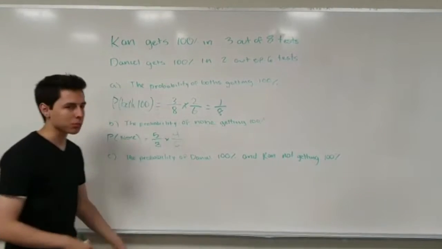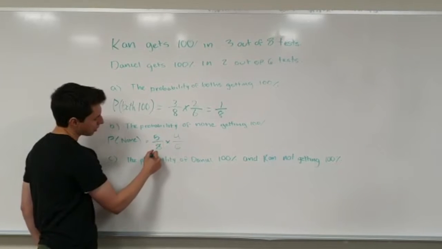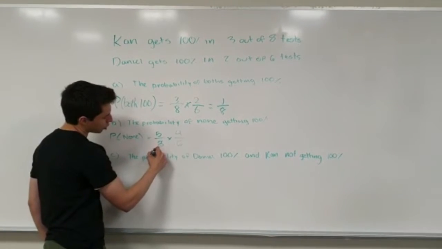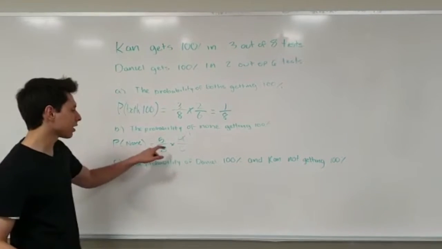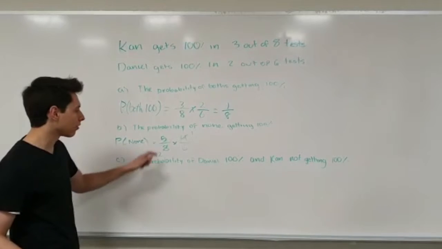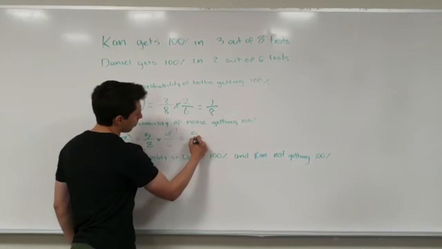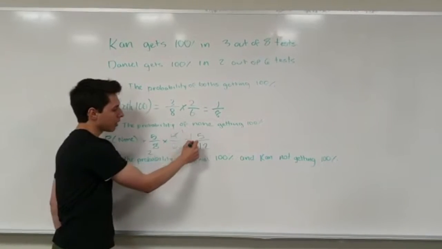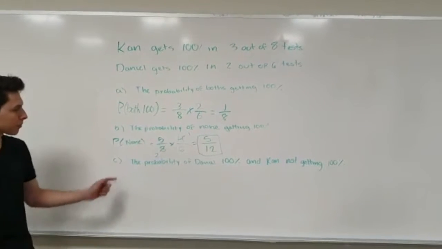We can simplify before even multiplying, so we can cancel 8 with 4, and we get a 2 and a 1. We can't cancel anything in 5 and 6. Then we multiply and get 5 over 12. And this is the probability of both of them not getting 100.